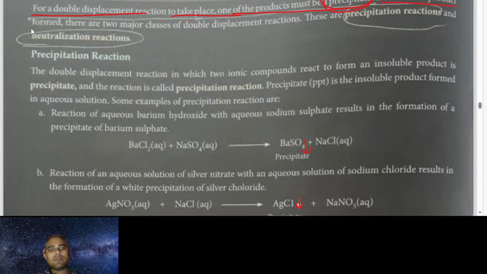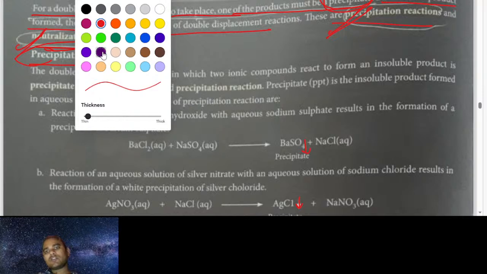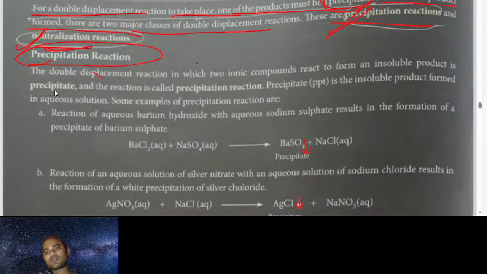Based on the product formed, there are two major classes of double displacement reaction: precipitation reaction and neutralization reaction. So how many types of double displacement reaction, student? Two types. The first one is precipitation, and the second one is neutralization. We are going to understand the precipitation reaction, student. What do you mean by the precipitation reaction? Here an insoluble solid substance forms, student.